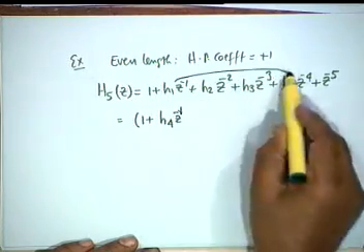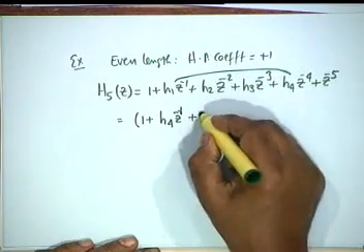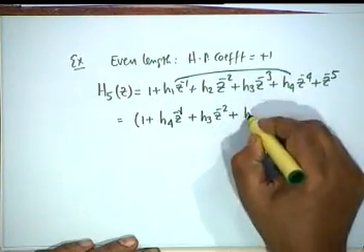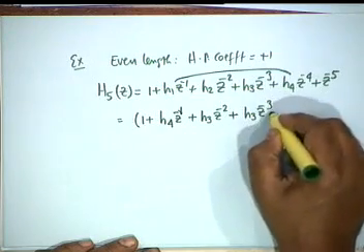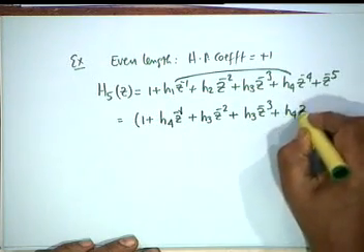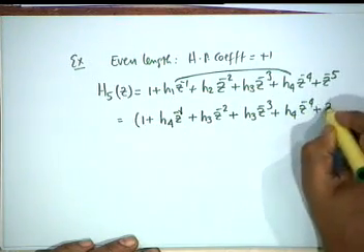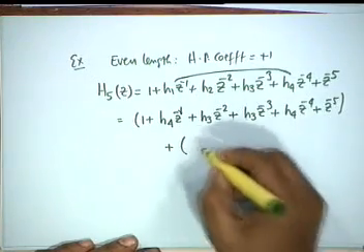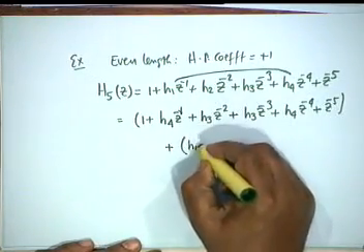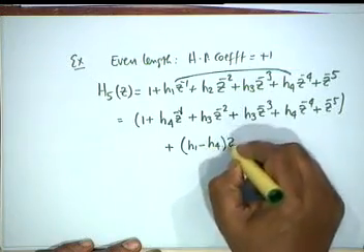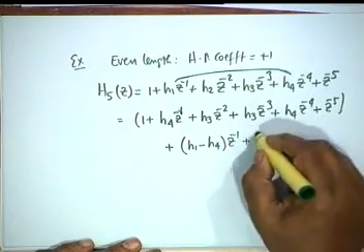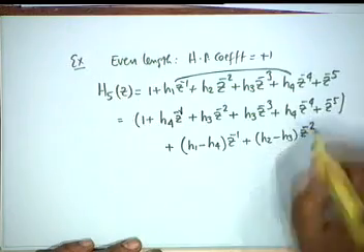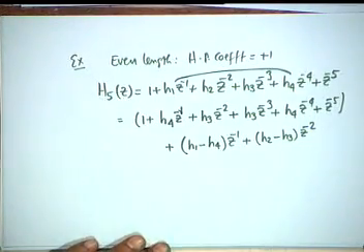This has to couple with this, plus H3 z to the minus 2 plus H3 z to the minus 2 plus H4 z to the minus 4 plus z to the minus 5 plus, yes, H1 minus H4 z inverse plus H2 minus H3 z to the minus 2. Okay.